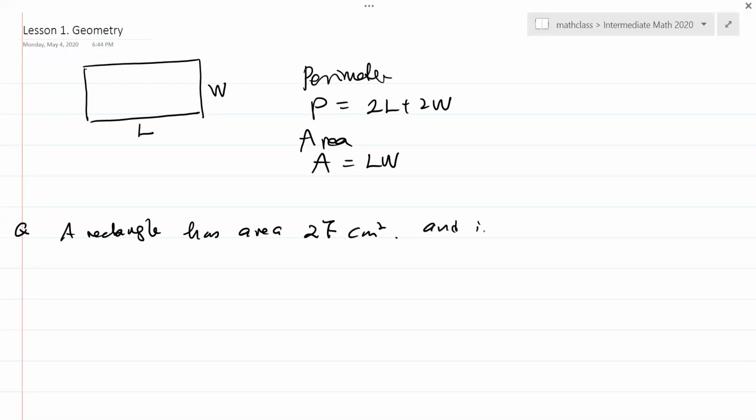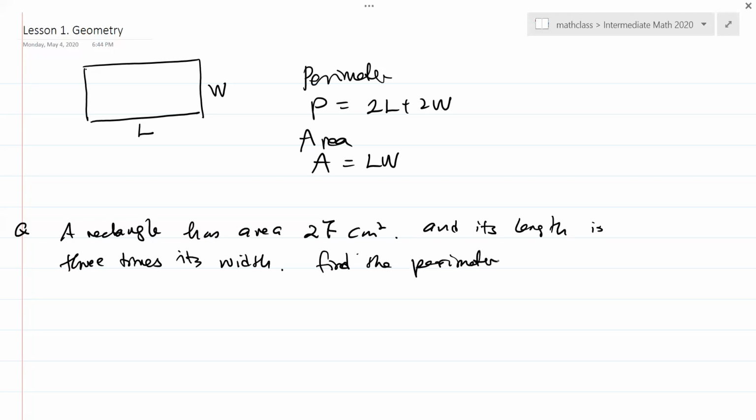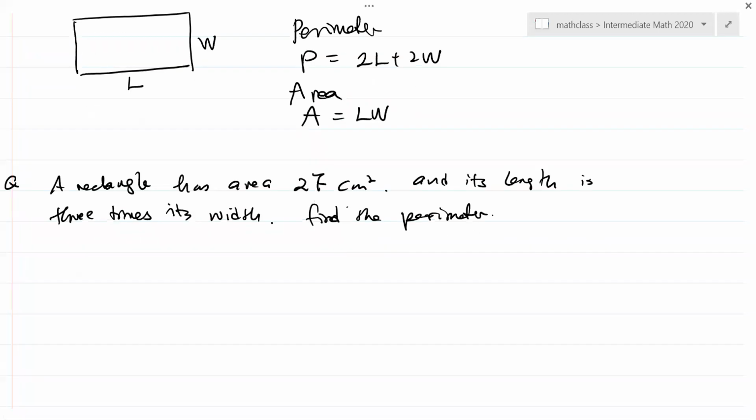And we also know that its length is 3 times its width. Now, what do we have to find out? We want to find out the perimeter. So how do you solve this type of problem?